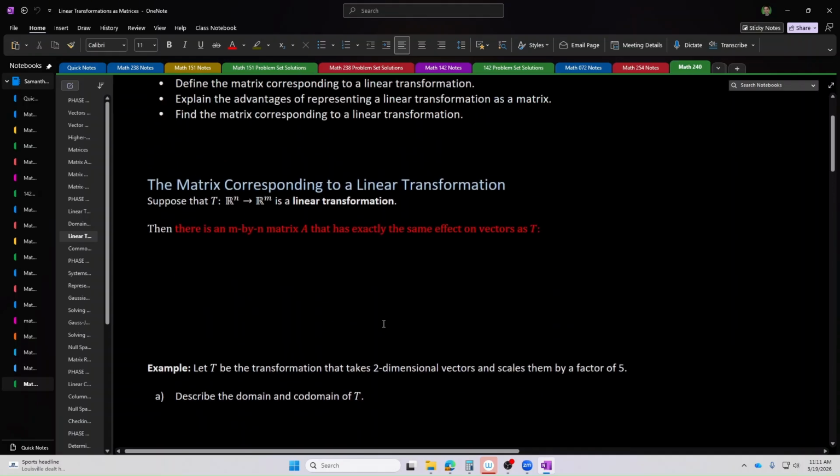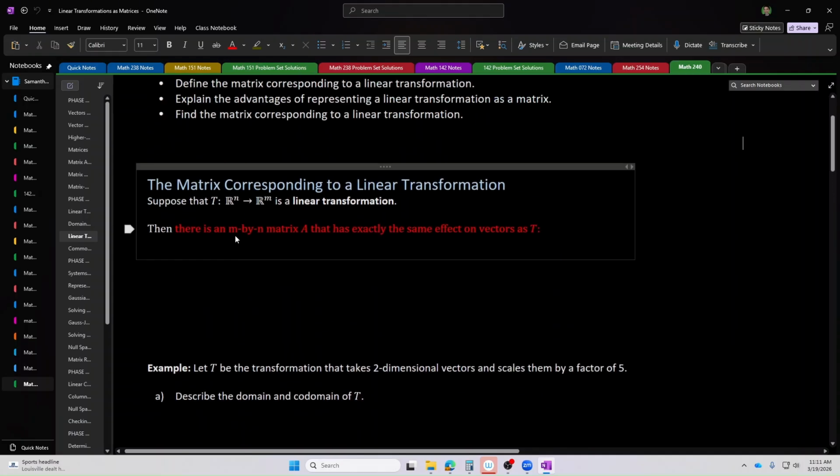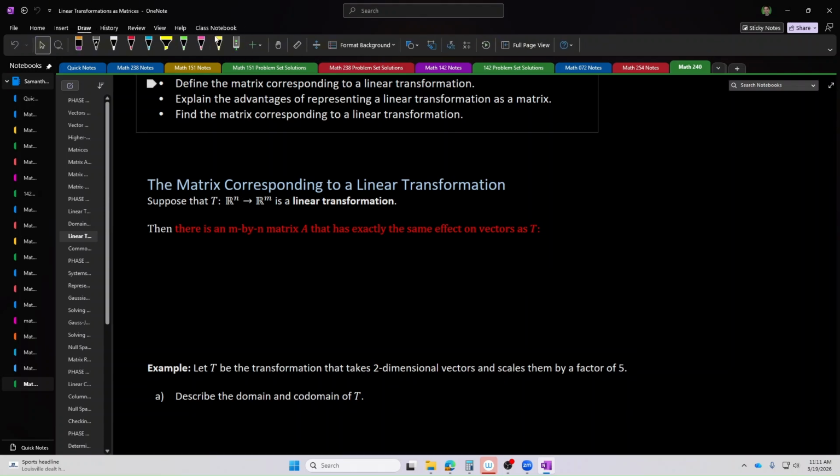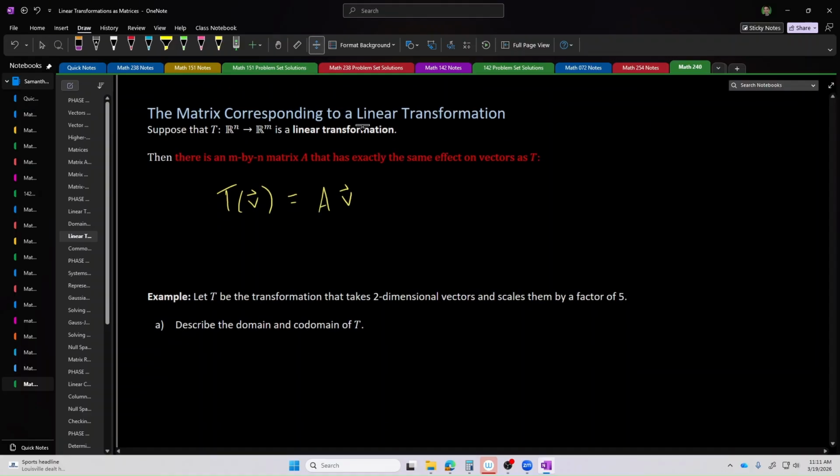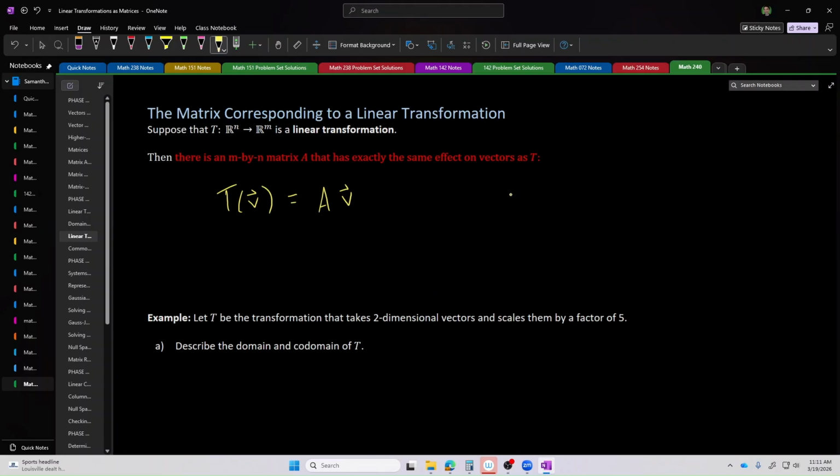Specifically, if you have a linear transformation T that's taking n-dimensional vectors and turning them into m-dimensional vectors, then there is a matrix A that has m rows and n columns that has exactly the same effect on vectors as T does. So in other words, if you apply T to a vector V in the domain, you're going to get exactly the same result as if you multiplied V by this matrix A. And so in a situation like this, we would call A the matrix representation of this linear transformation.